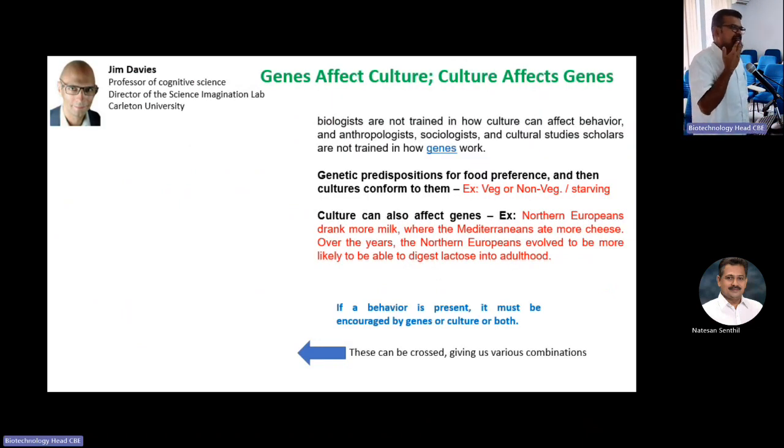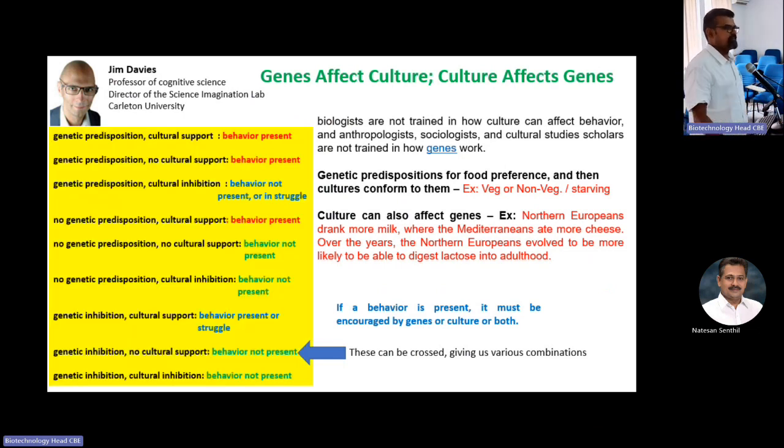It was a professor from Carleton University, Jim Davis, who put forward the concept that if a behavior is present, it must be encouraged by genes or culture or both. So he came out with this principle: if there is a genetic predisposition for a behavior, and if there is cultural support, the behavior is present in the individual.